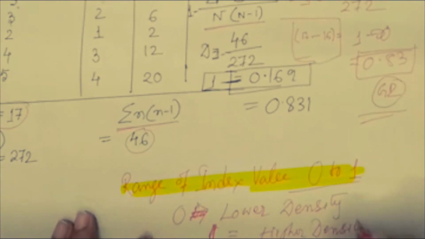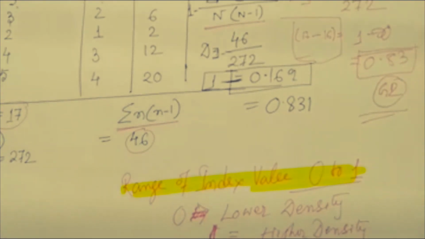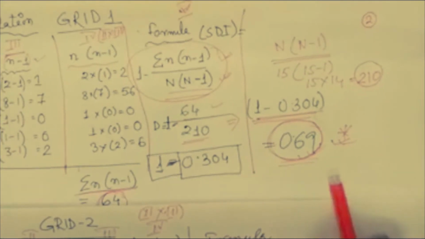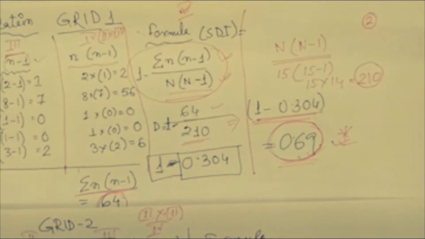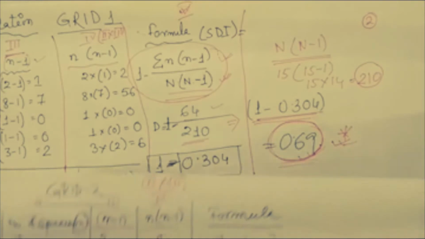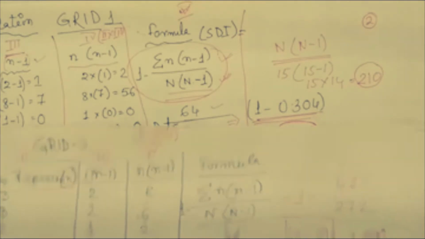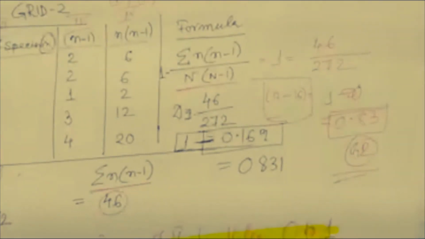So for the interpretation, grid number 2, that value is 0.83, shows more plant density, more diversified plant species than grid number 1, because a higher value shows more diversity and a lower value shows lower density. Its range is from 0 to 1.